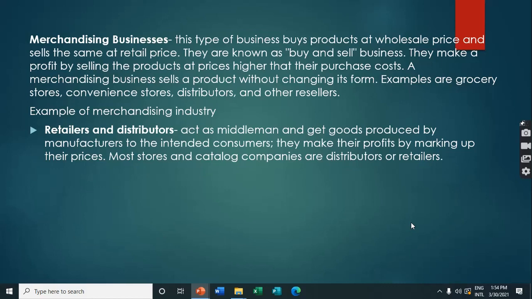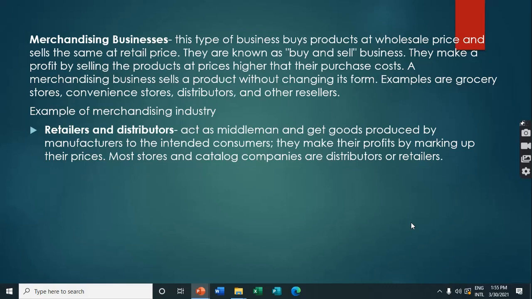So, kapag bumili siya ng sleeper, magkano yung pinambili niya ng sleeper? Na isa, 150, then ibenta niya ng 180, may tubo siya ng 30 pesos. So, yun yung example ng merchandising business natin.